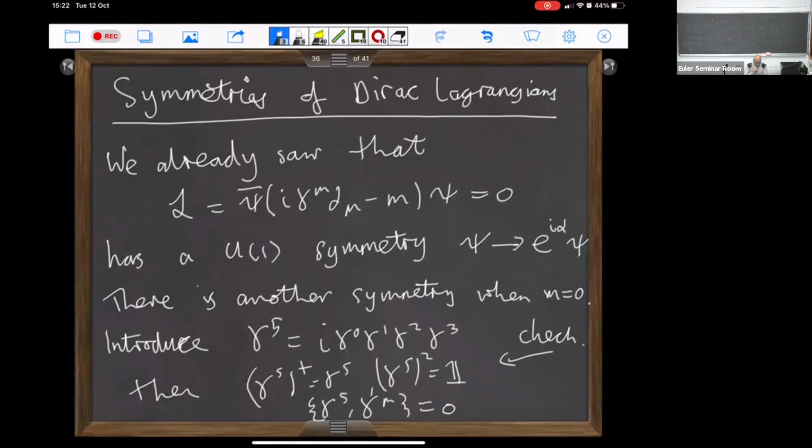All right, so we'll finish today by starting a discussion about symmetries of the Dirac equation. We already saw that the Dirac Lagrangian takes this form and that it has a U(1) symmetry.